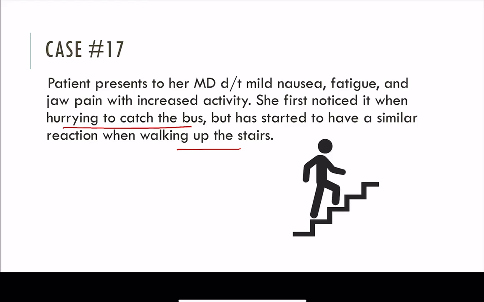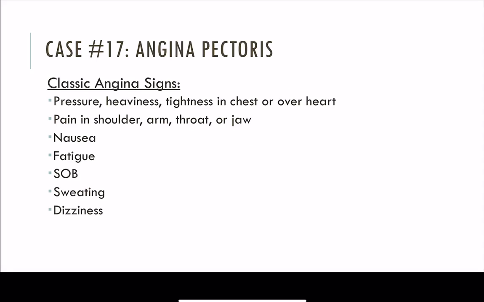This sounds a lot like angina, but it sounds strange, because the classic signs of angina are pressure, heaviness, tightness in the chest or over the heart. We don't hear any of these. Pain in shoulder, arm, throat, or jaw: she had the jaw pain. She had some nausea. She had some fatigue, shortness of breath, sweating, and dizziness.